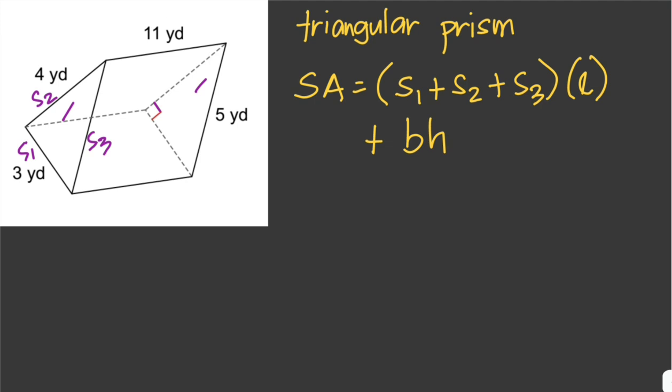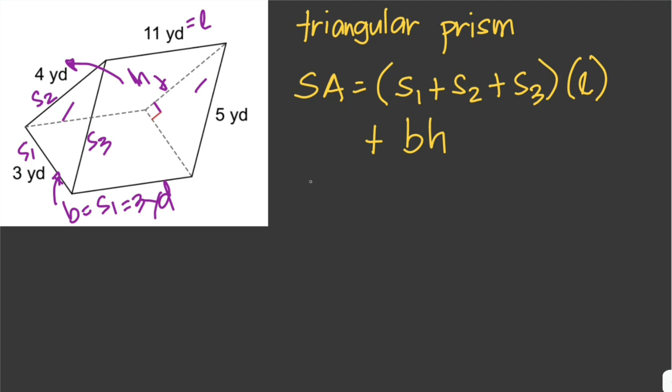And for the length, this one is the length, and for the height, this one is the height, which is equal to 4 yards. And the base would be this one, equivalent to side 1, which is just equal to 3 yards.